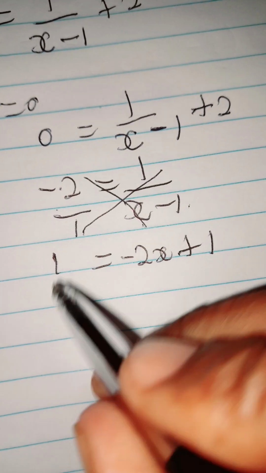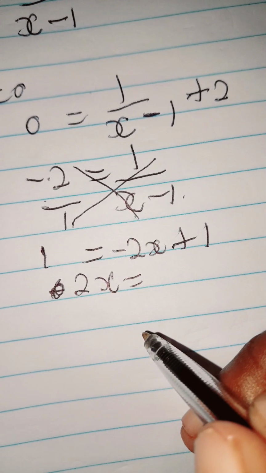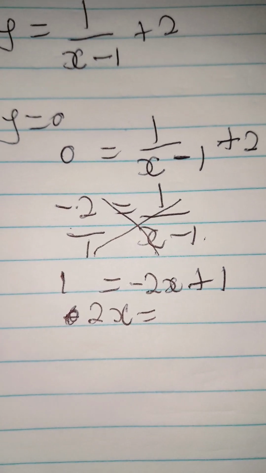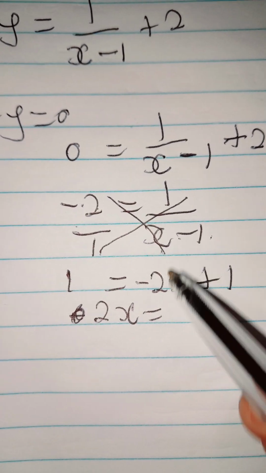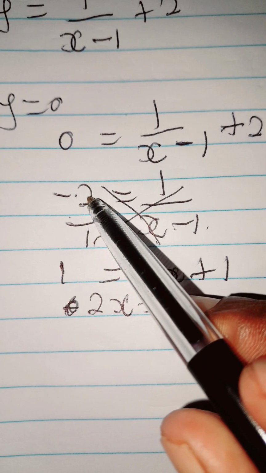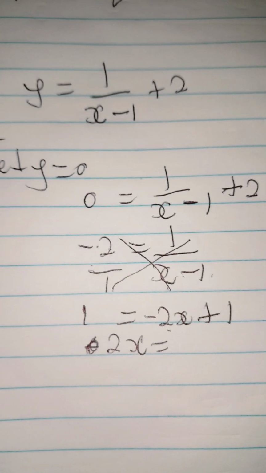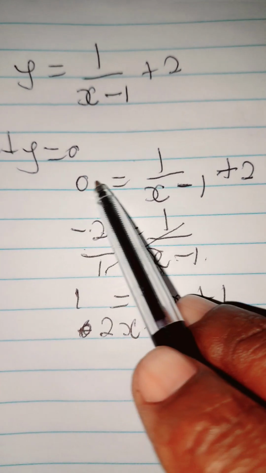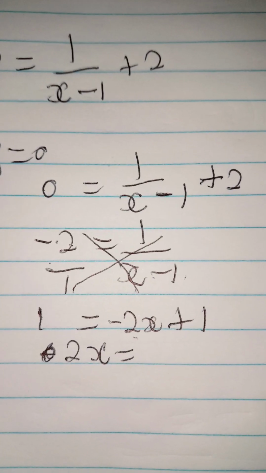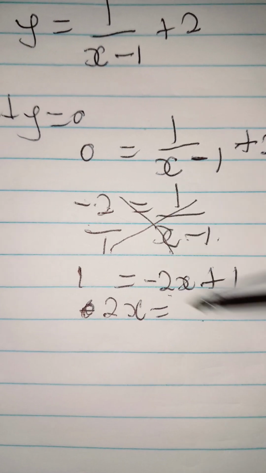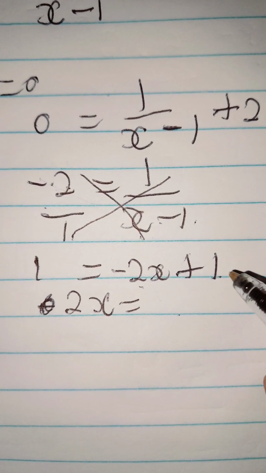Let me check whether I did it correctly. -2 times x is -2x, and -2 times -1, it's +2.